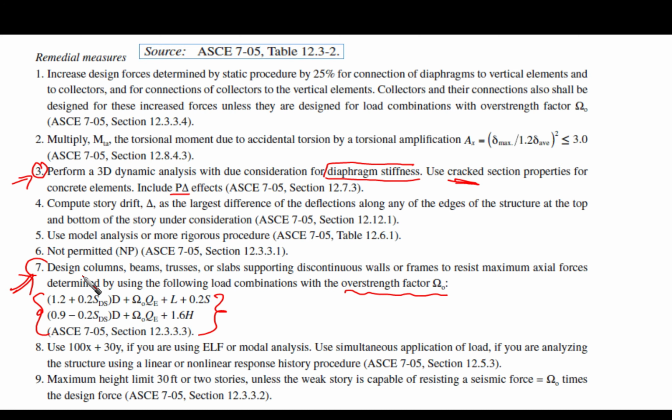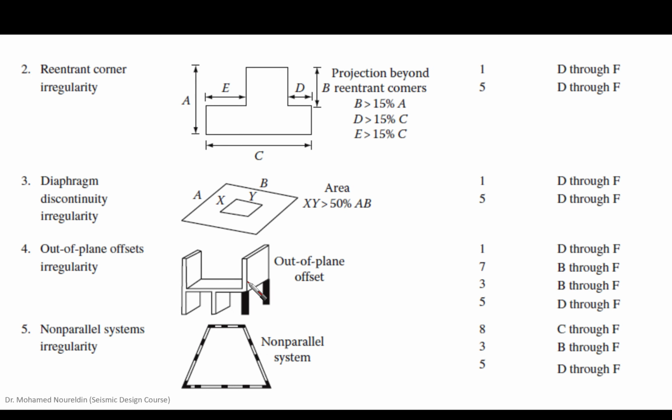So this means that if we have a column or a beam or a truss or a slab supporting these discontinuous walls or frames, then it must be designed to resist maximum axial forces determined by using the following load combination. Okay, axial forces, take care, because go back again. What is our problem here?